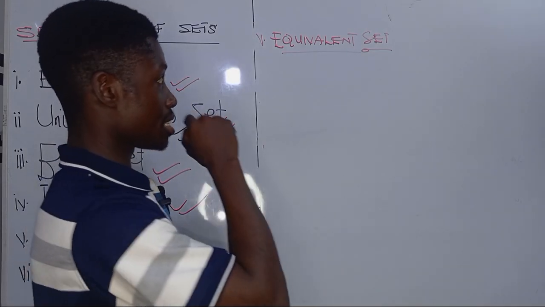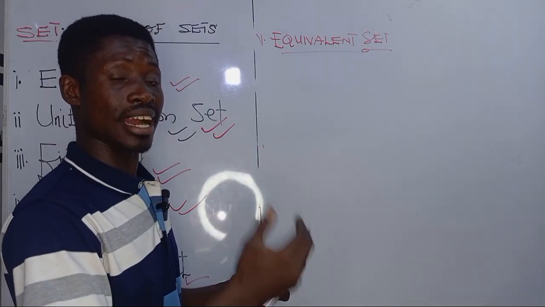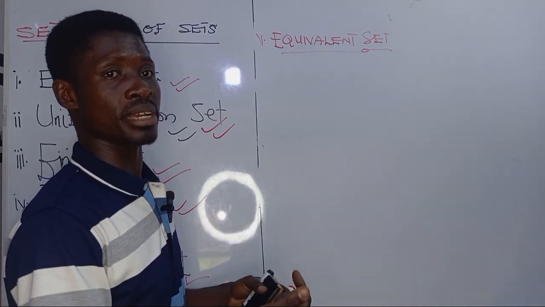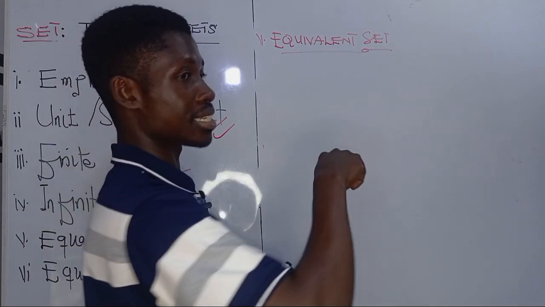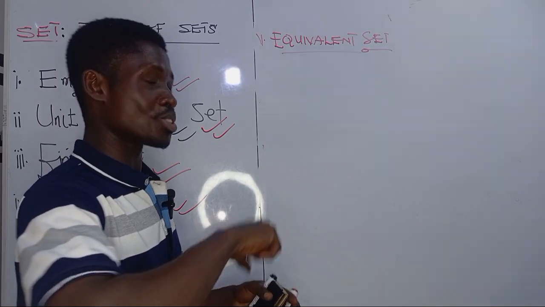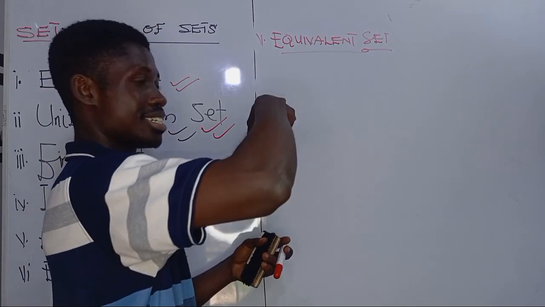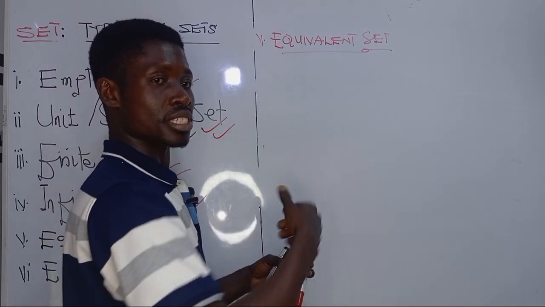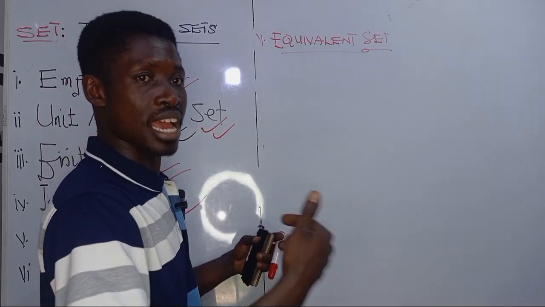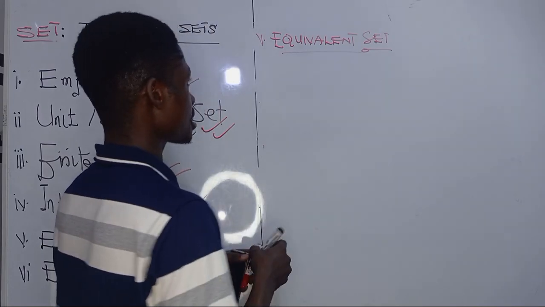So with equivalent sets, if two or more sets are having the same number of elements, then we can say that these two sets are equivalent sets. So with this one, it's talking about the number of elements, but not the elements themselves. It is talking about the number of elements.